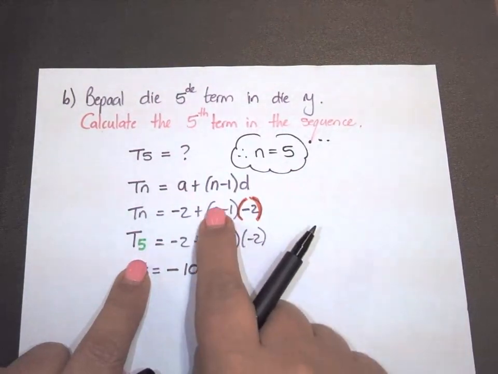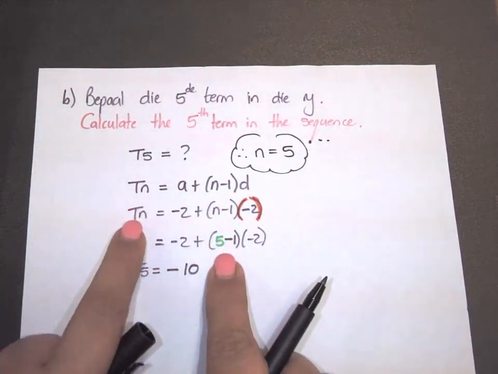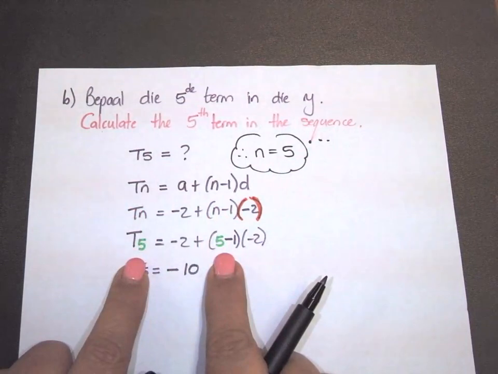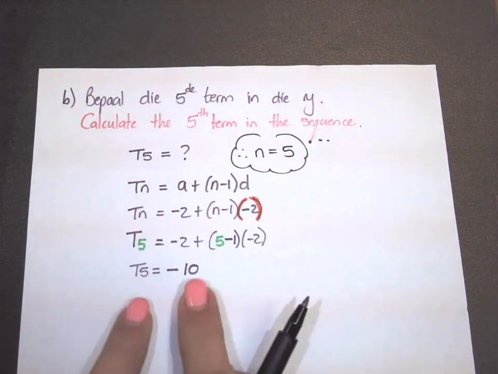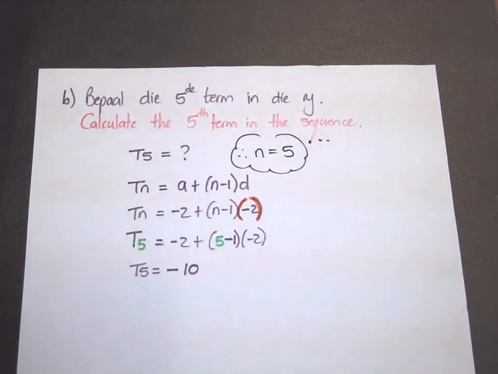Remember, when you substitute n, that you also do it on the left-hand side. And then you get to term 5 is negative 10.